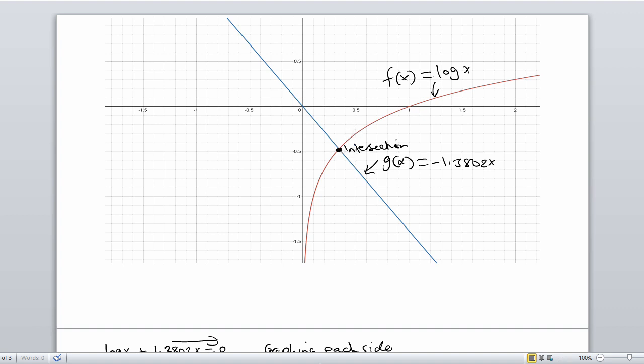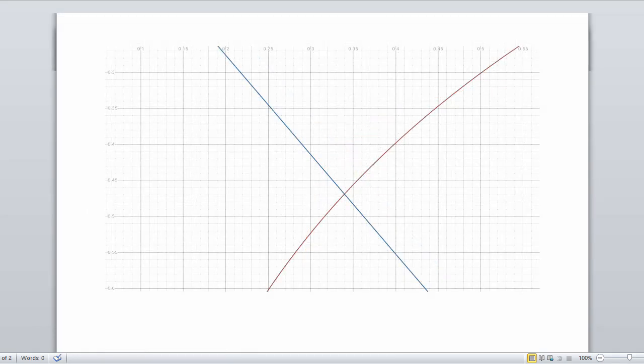Okay, now read the value of x where the two intersect, and I had a graph which is a little bit zoomed, the graph for f of x and g of x zoomed. When you read the value of x from there, you can see here is 0.3, here is 0.35.